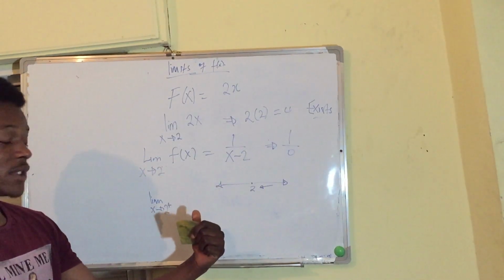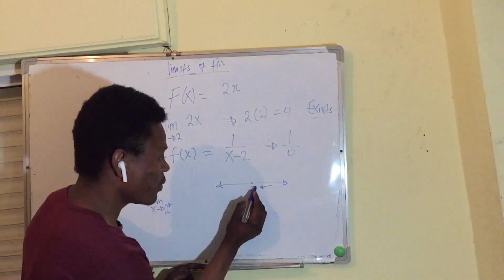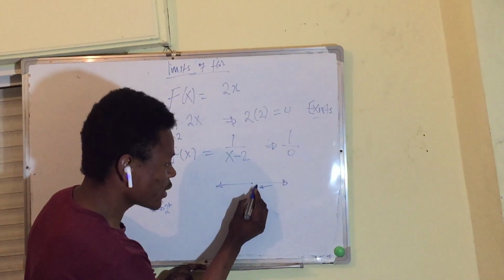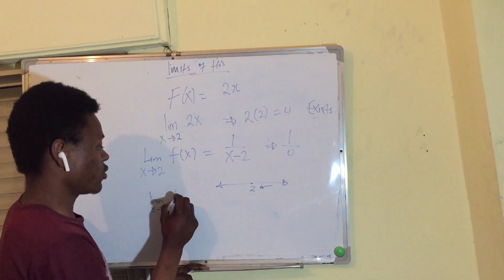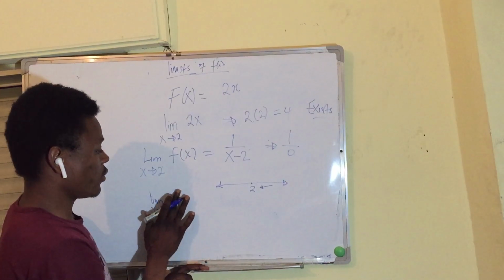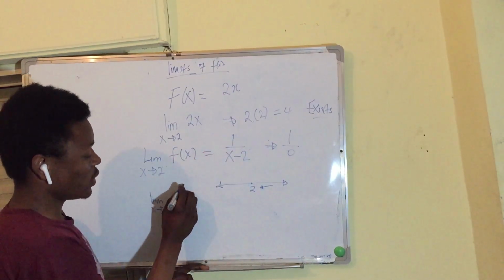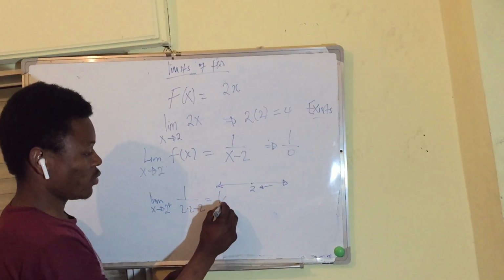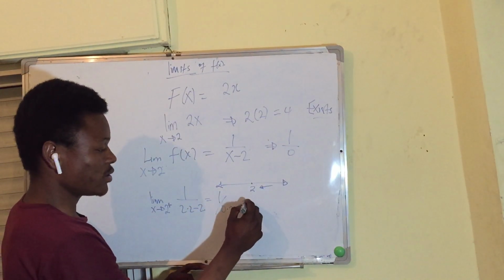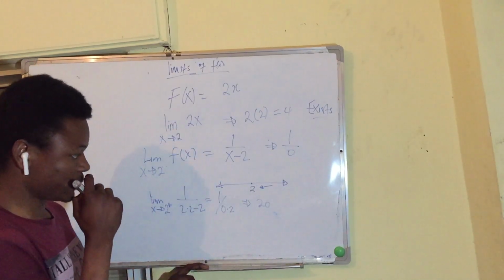That means from the positive direction. Let us test 2.2. So we have 2.2 minus 2, which is 1/0.2. 1 divided by 0.2 is 5, right?